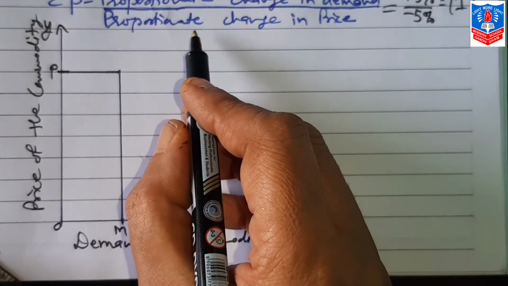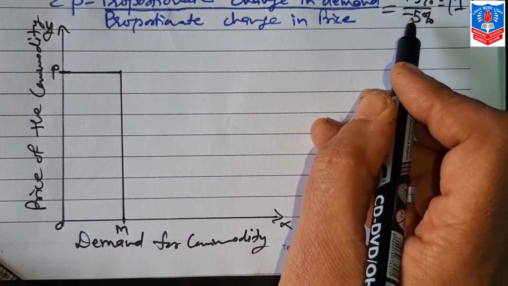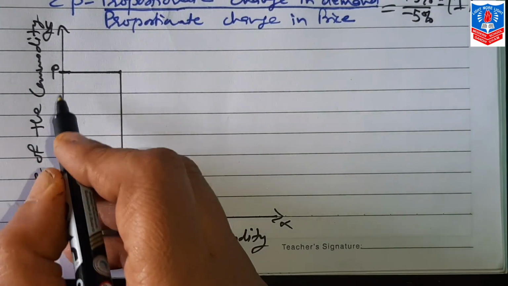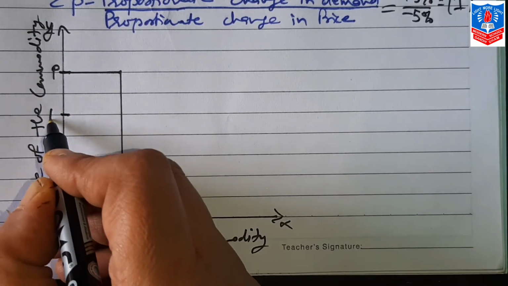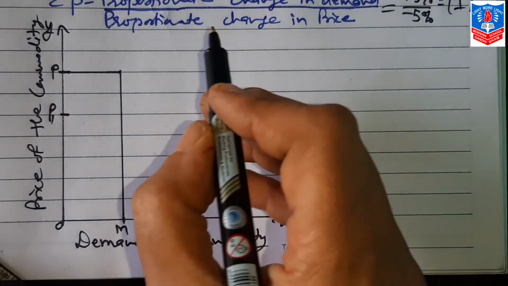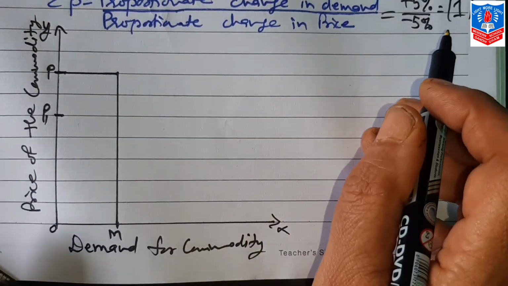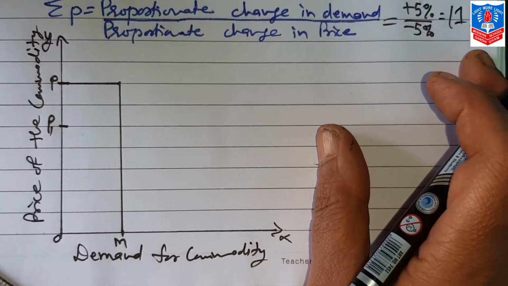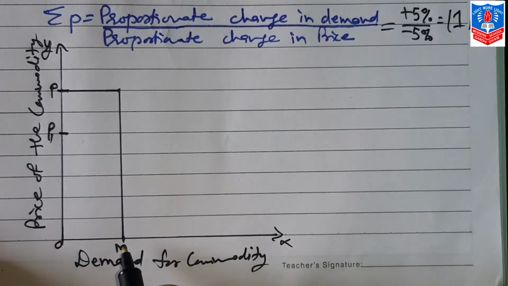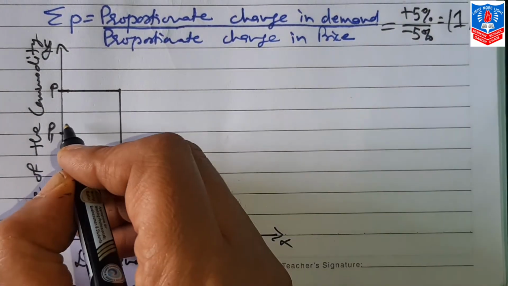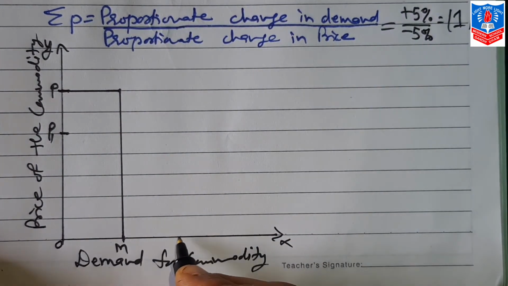now the price is reduced by 5%, say from P to P1, and in the same proportion, that is 5%, there is an increase in the demand. So exactly what proportion here? The same proportion will be in this, which is point M1.